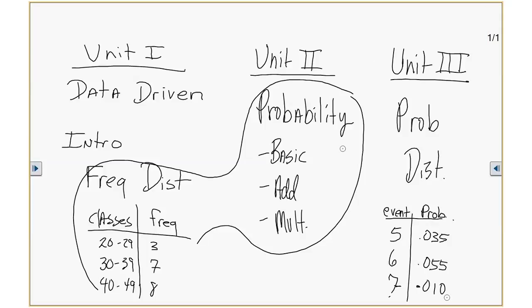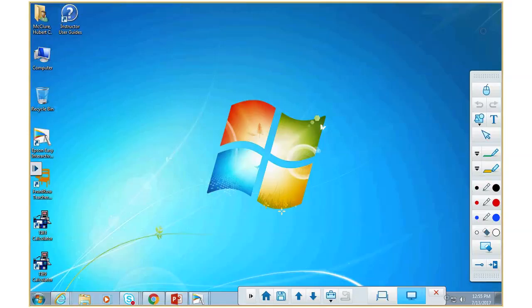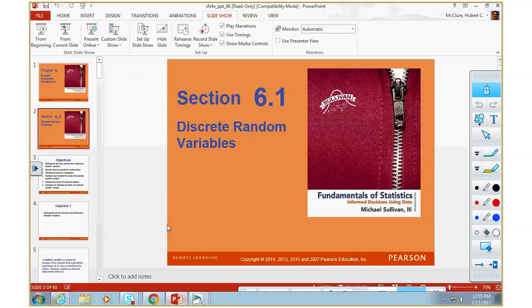Now, there's 2 or 3 things. Well, I'll just go ahead and get to the PowerPoint. And the reason I'm using a PowerPoint on this one is because, one, this is the quickest unit, and it's also the one that has the most formulas. Okay?